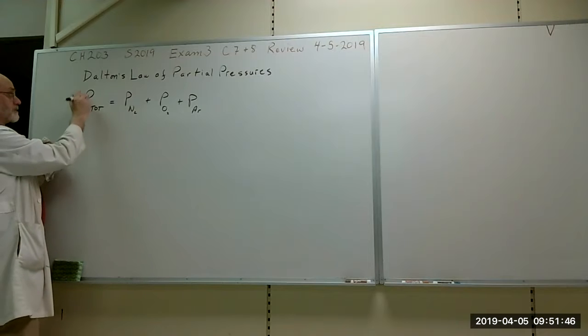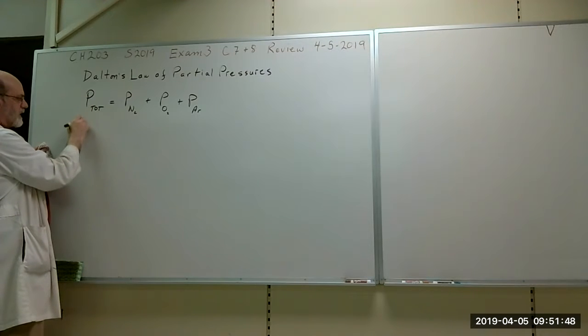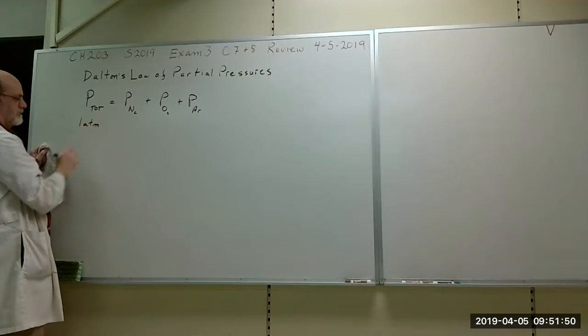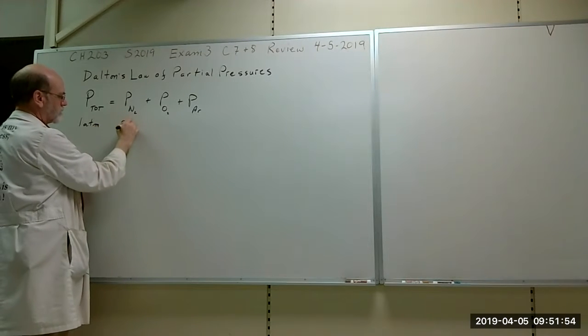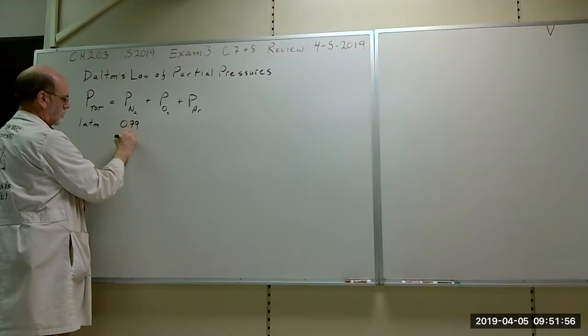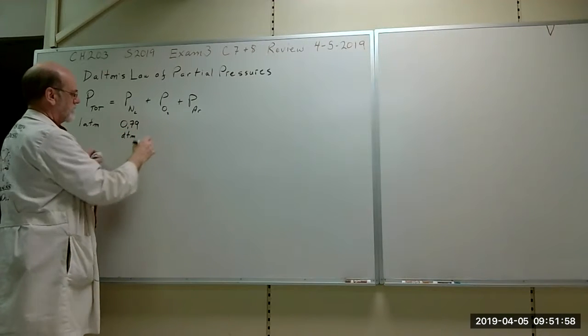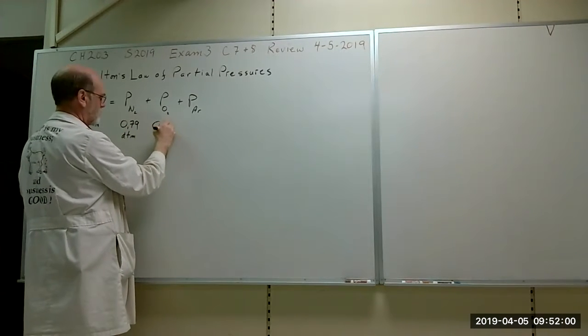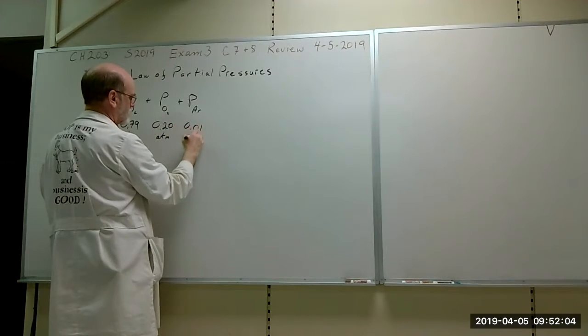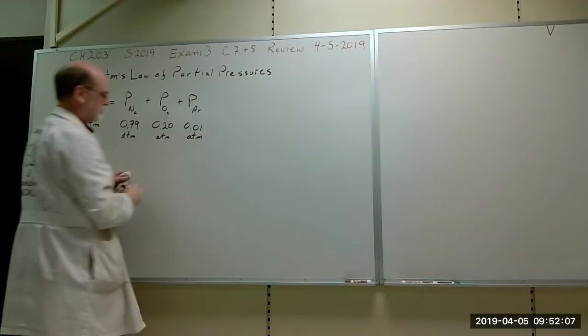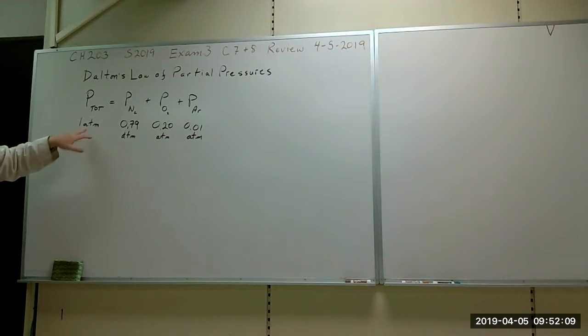The total pressure, say at sea level, is 1 atmosphere. The pressure due to this one is going to be that many atmospheres, and this one's going to be that many atmospheres, and this one's going to be that many atmospheres. So you add them up, you get 1 atmosphere.